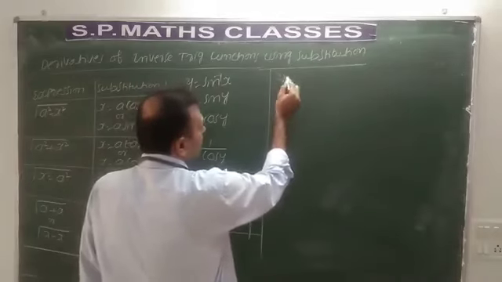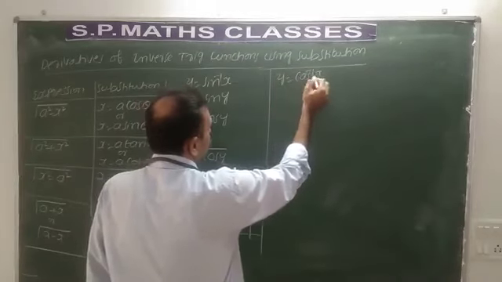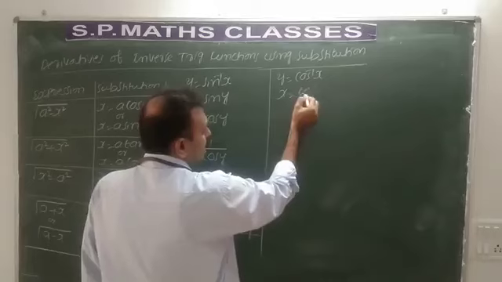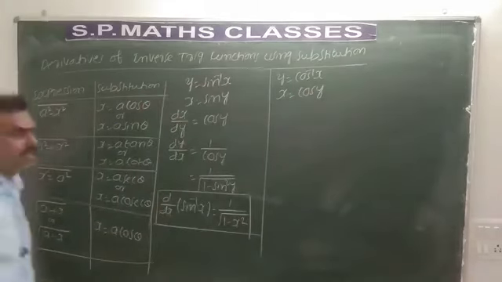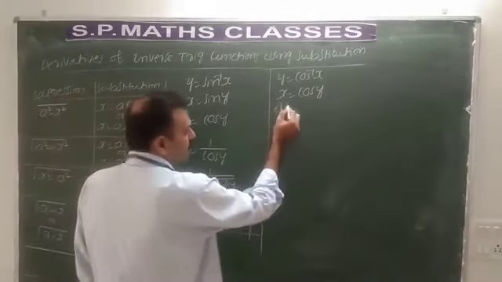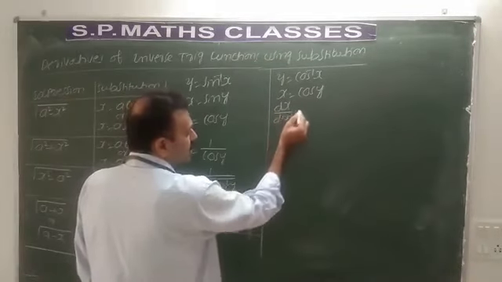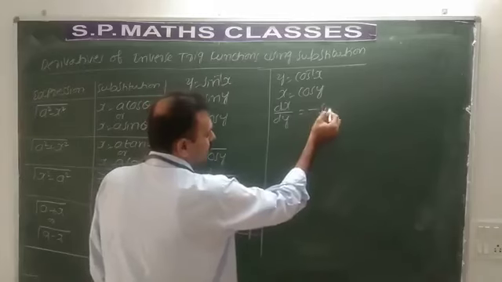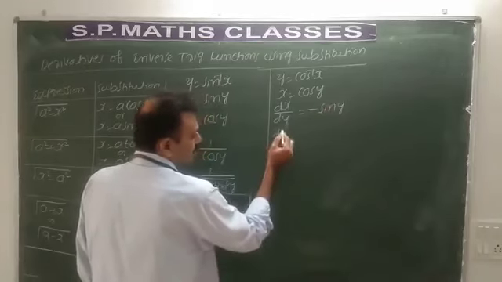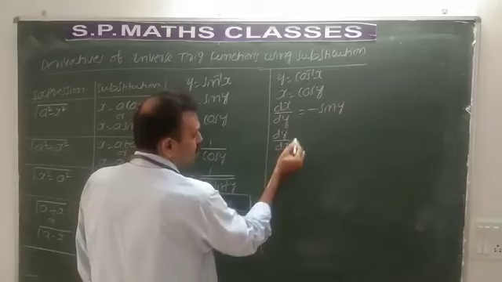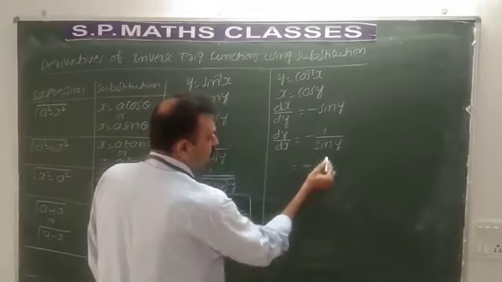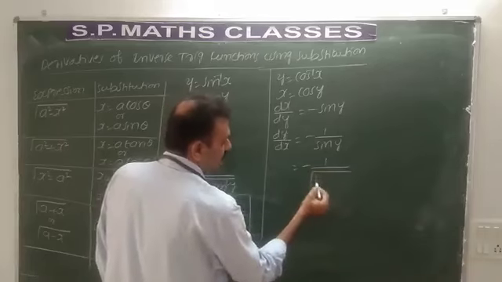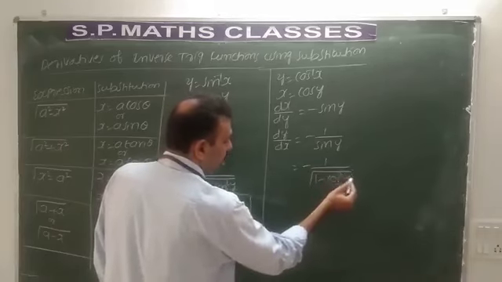Similarly, let us take y is equal to cos inverse x. What is x? x will be cos y. What are you going to do in the next step? You differentiate with respect to y, because here x is a function of y. We get minus sin y. dy by dx is equal to minus 1 by sin y. What is sin y? Root of 1 minus cos squared y.